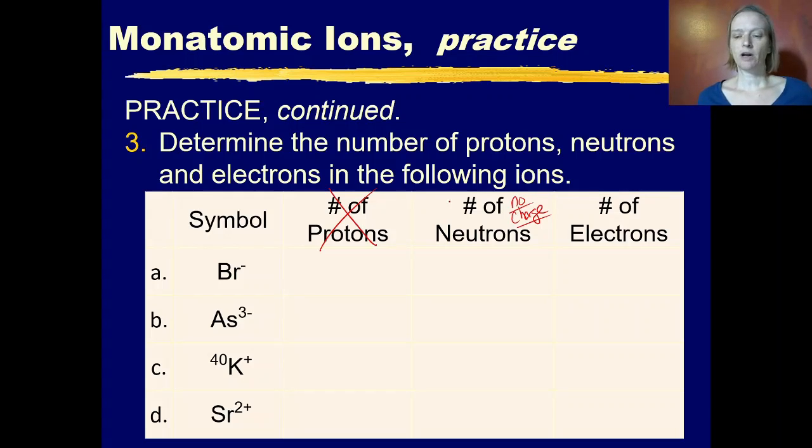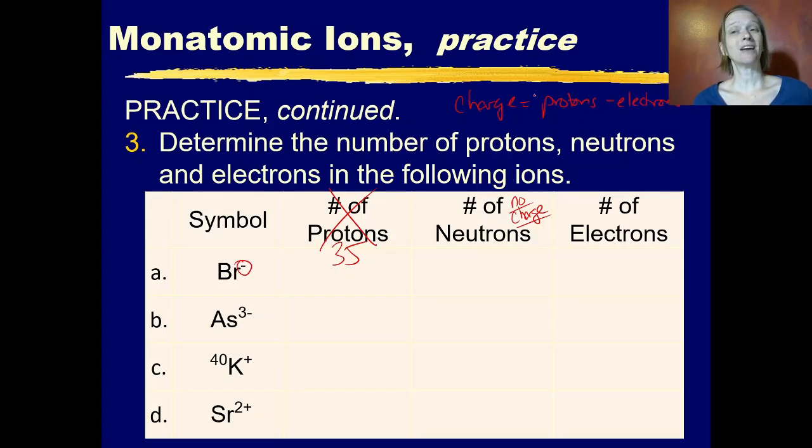So, looking at our periodic table, we can see that bromine has an atomic number of 35, so we know it has 35 protons. If I want to know how many electrons the bromide ion has, this has a charge of -1. Remember, on a previous slide, I told you that the charge equals protons minus electrons.